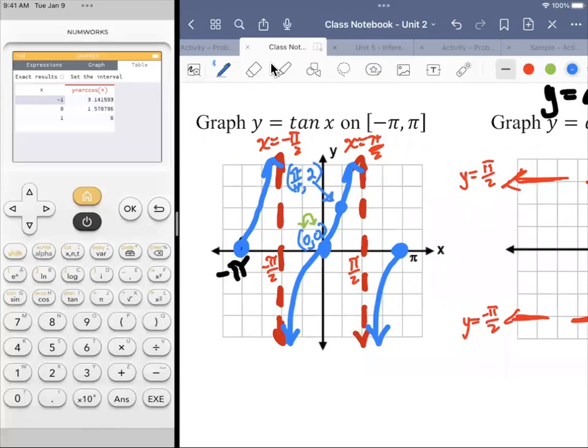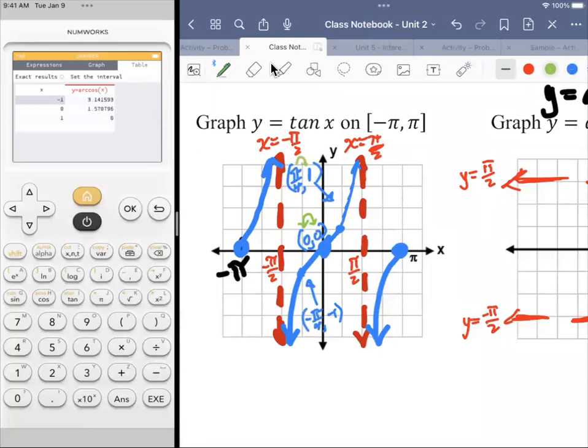But based off the way I drew the graph, it kind of seems like it's a 2. I guess I could clean it up a little bit, because it really should go through this point here. But you don't really need to know that in order to do what I'm about to do. All right. So we'll say pi over 4, 1, and negative pi over 4, comma negative 1.